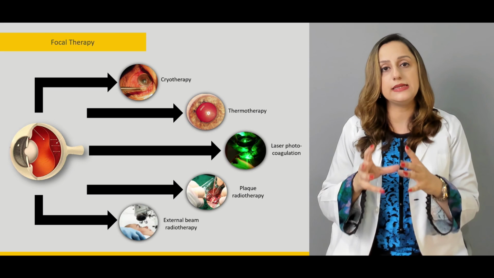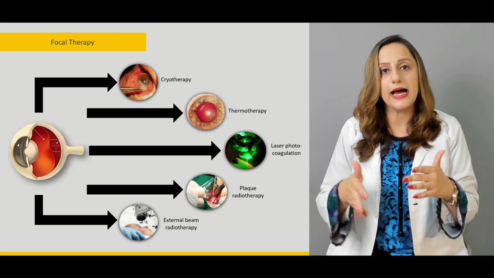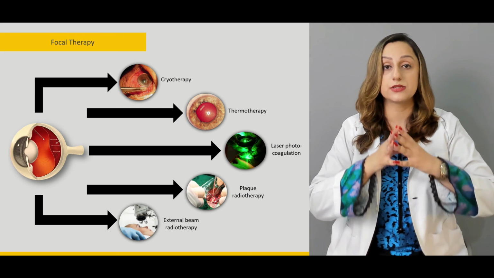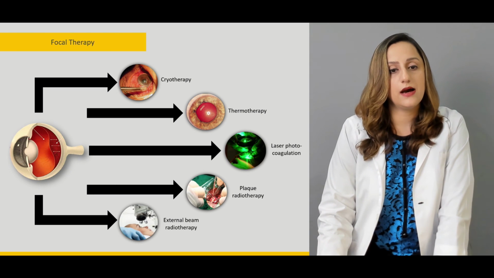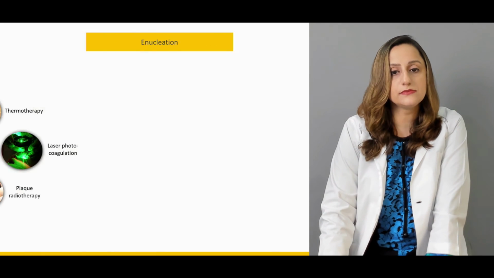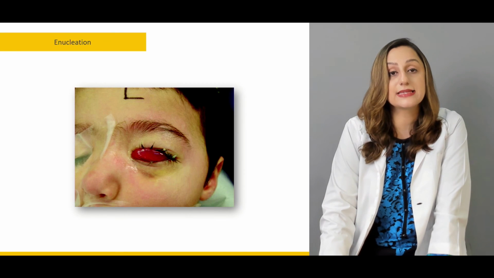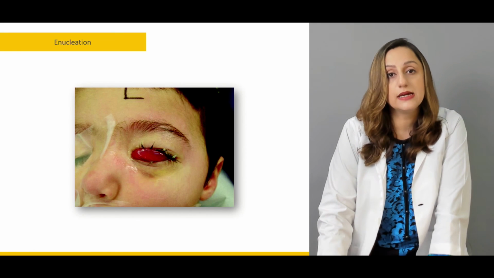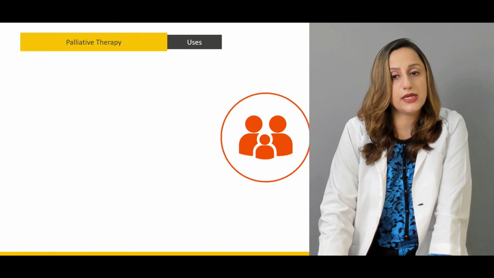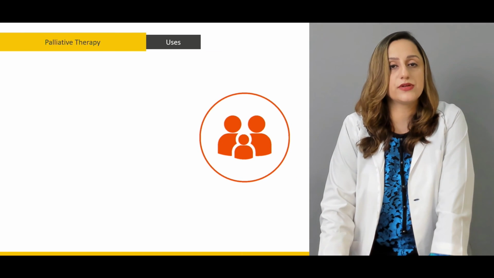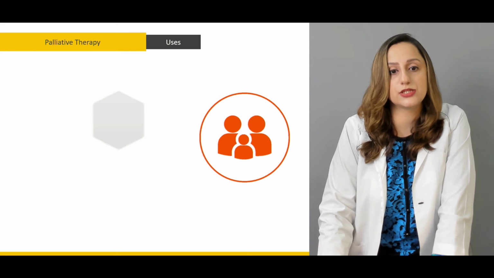So this would be the management plan for the patients in which we are considering a focal treatment. We can further perform enucleation. That would be just the excision or the complete removal of the eye, whether it is a benign or whether it is a malignant condition.